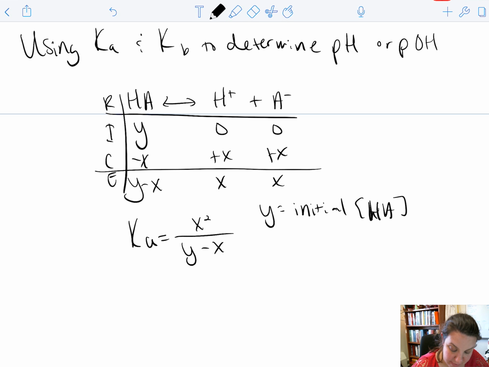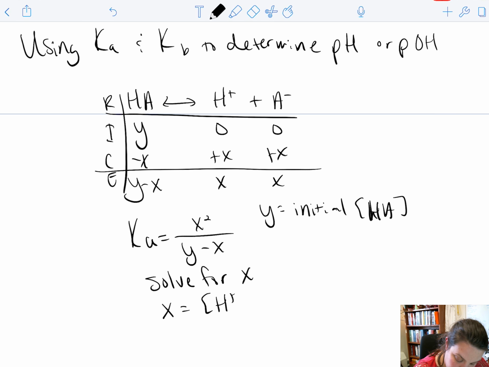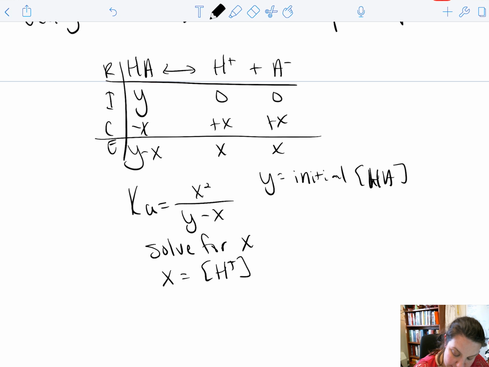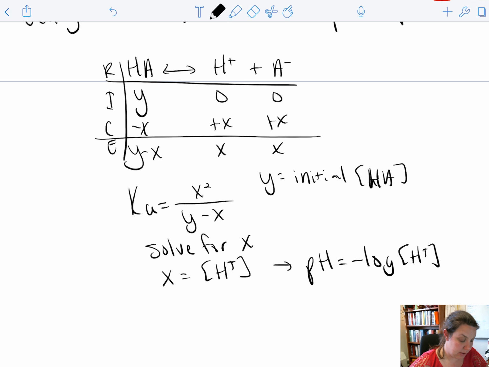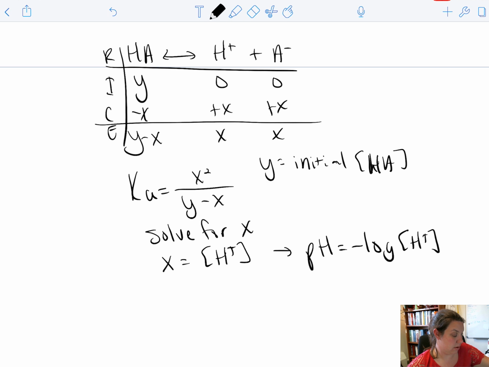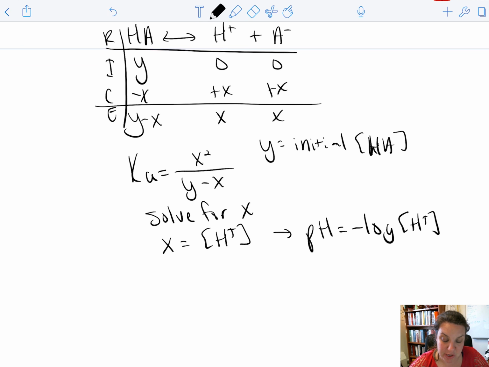If we have our Ka value, we can solve for x, and x equals our H plus concentration. So we can take that information and then we can say pH is equal to negative log H plus to figure that out. We can do the same thing to solve for pOH if we would like.